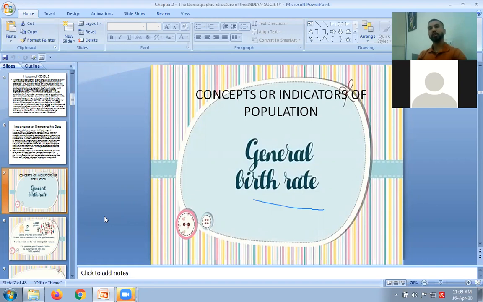We're going to study the birth rate, the death rate, the age structure, the sex ratio, and many more concepts and indicators of population.